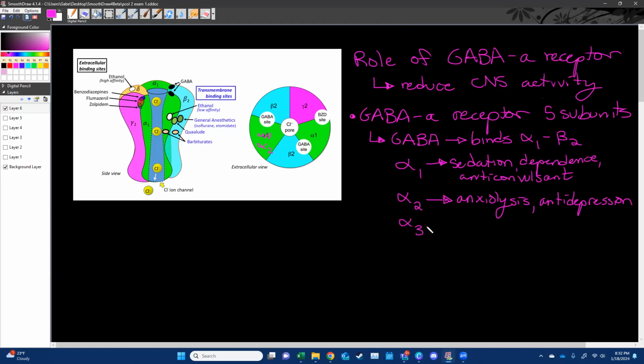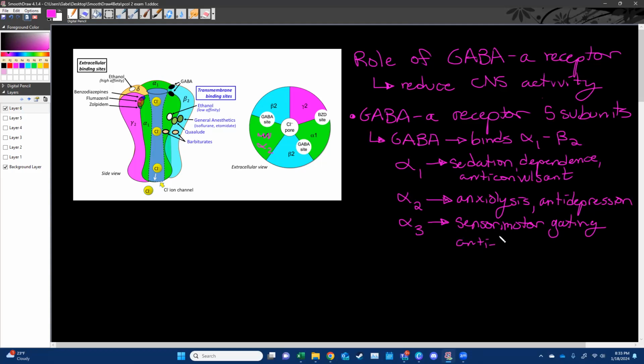If you bind at the alpha 3 receptor, then you have what's called sensory motor gating, which means there's a slight shifting in how the brain is able to handle movements and sensory information.